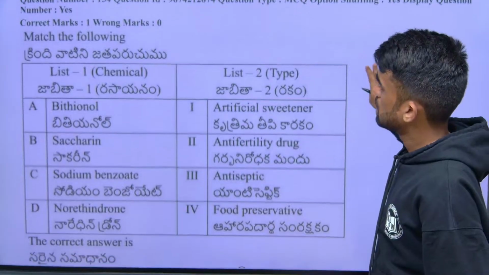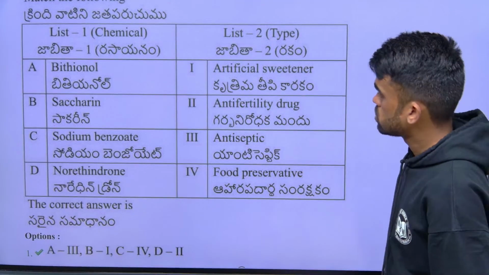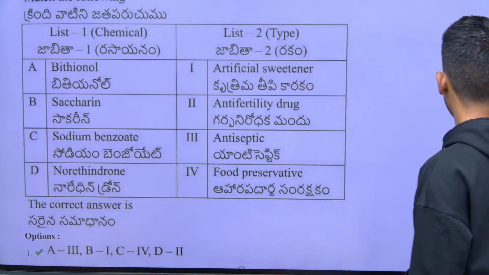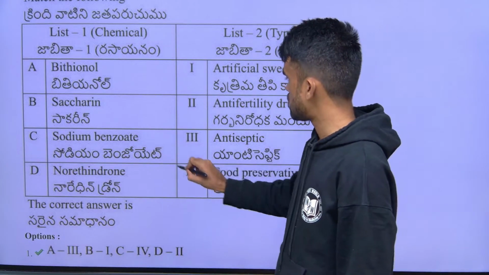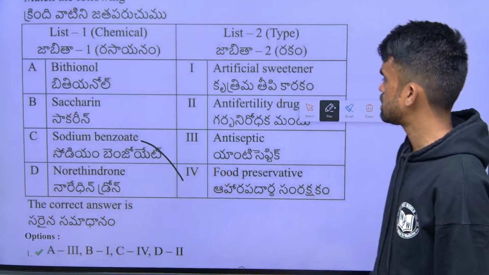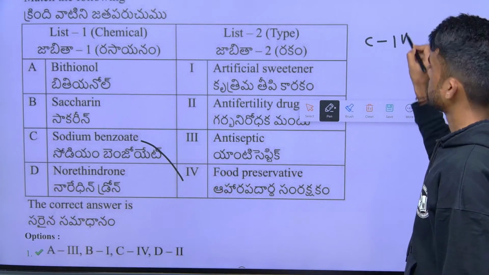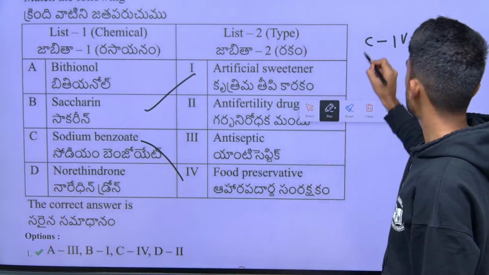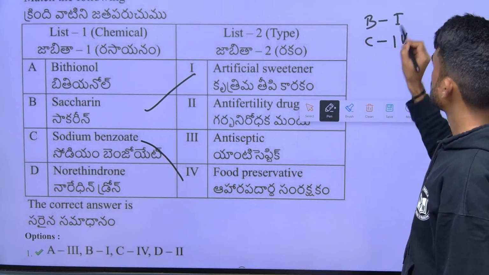Next, match the following with 1 and 2. So sodium benzoate, which is used in the food preservatives. What? In the food preservatives. So I can see C4. Next, saccharin, which is artificial sweetener, B1. Okay.